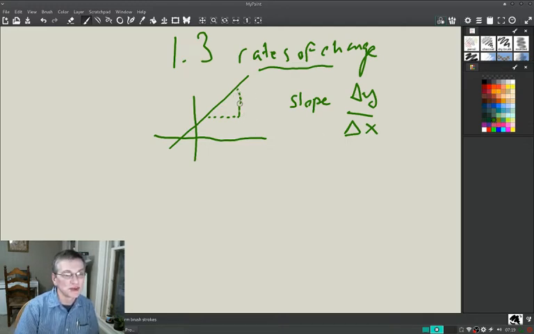So it's the change in y. Y is up here at this point, down here at that. So the change in y is this over the change in x, and then it'll give you the slope. The slope, or this change in y over change in x, can also be thought of as the average rate of change.